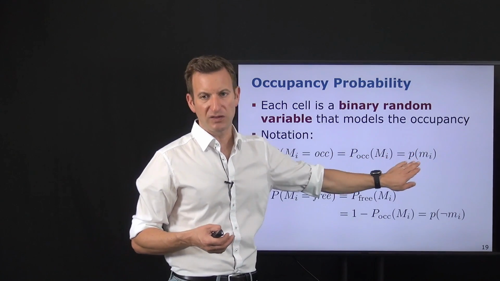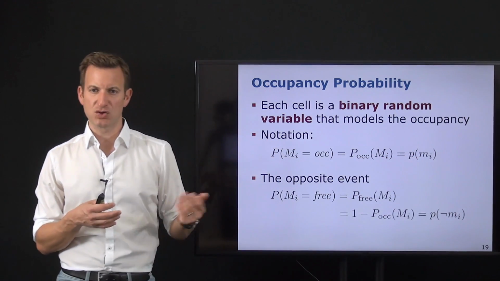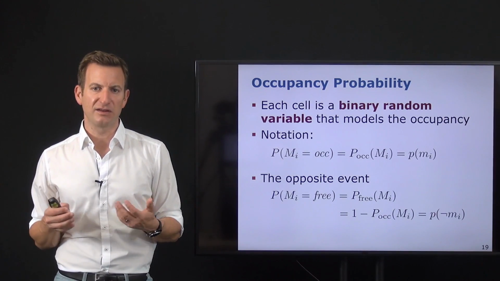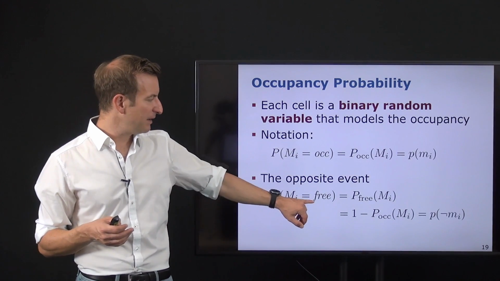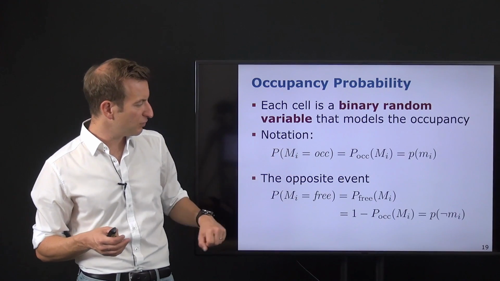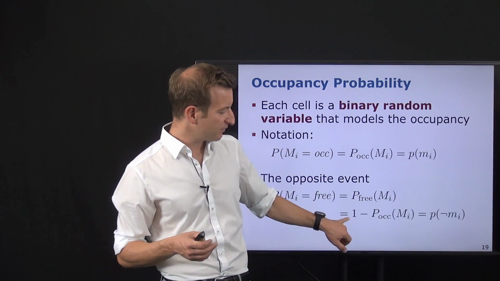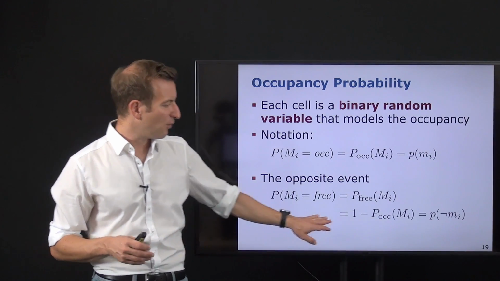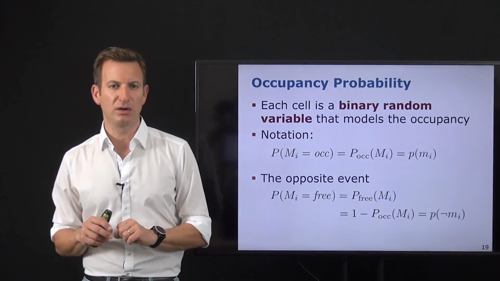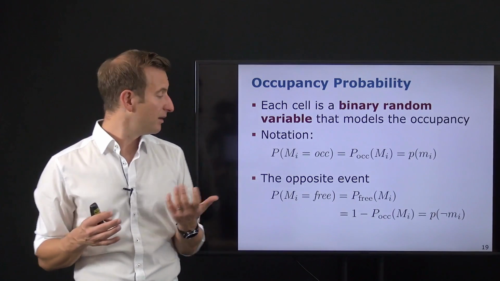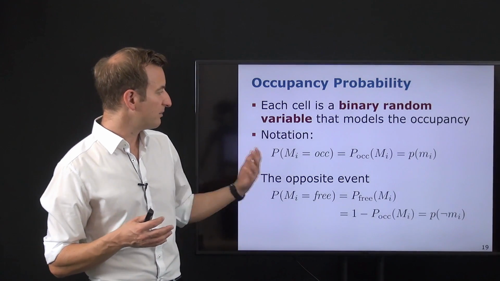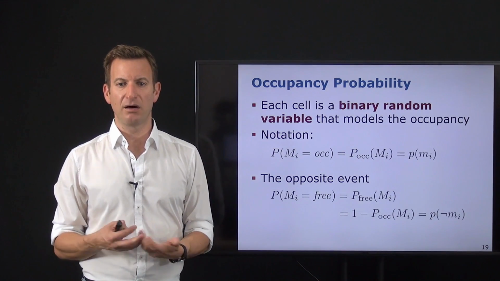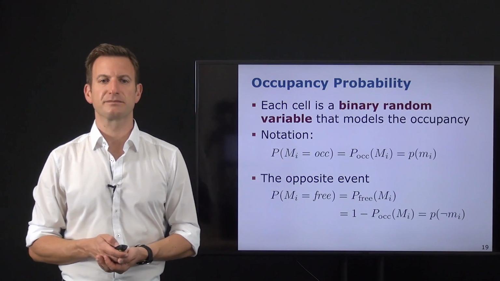But we typically use just this short notation, just to make sure you know what it means. And of course we have also the opposite event that a cell is free, so P of mi being free means P of mi being not occupied, also sometimes written with the negation, whatever form we are using, just to make sure we are all on the same page knowing what occupancy probability means. So the cell being occupied and the opposite event of it being free.